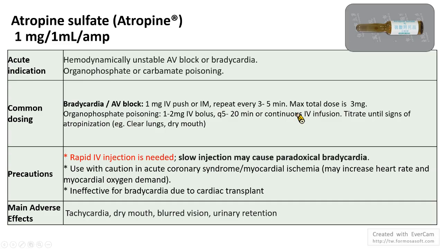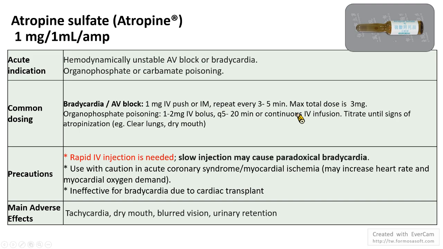It's 1 milligram IV push, IV or IM intramuscular, repeated every 3 to 5 minutes. But after the first 3 attempts, that's it. The total maximum accumulated dose is 3 milligrams.